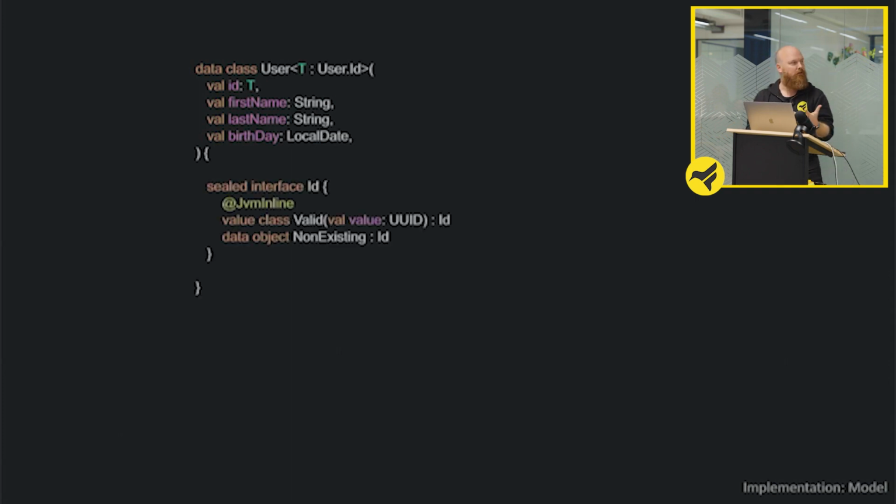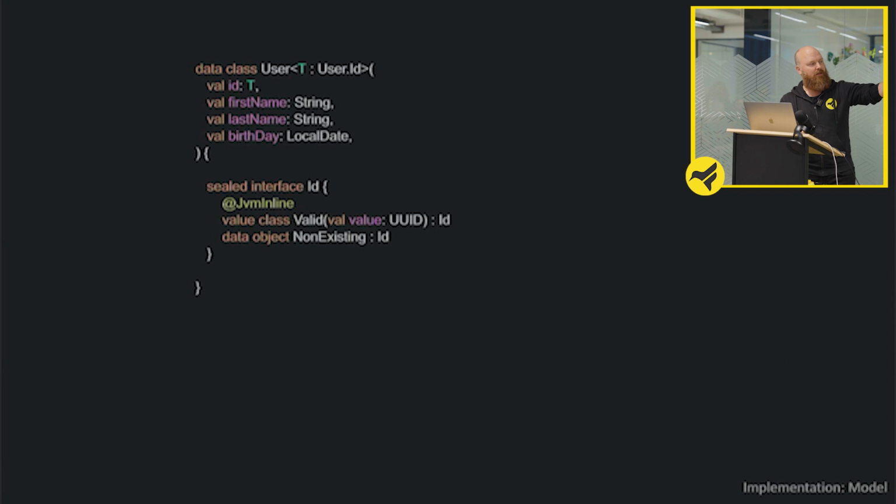But maybe when there is a request coming in through the API, the ID does not exist yet. So we could make this ID, this UUID, nullable. But then when you actually get this user back from the API and produce it, you always have an ID.